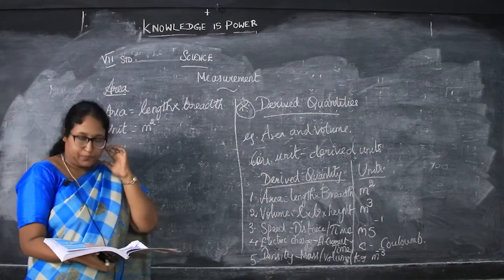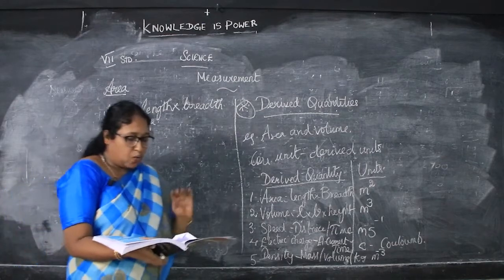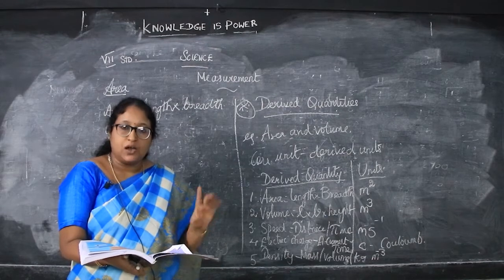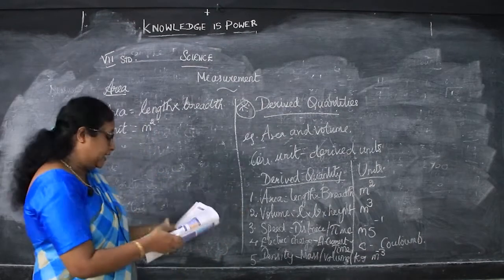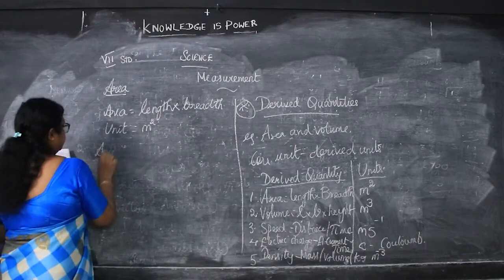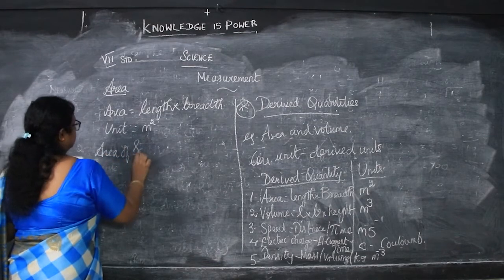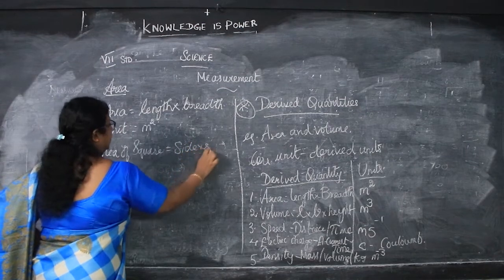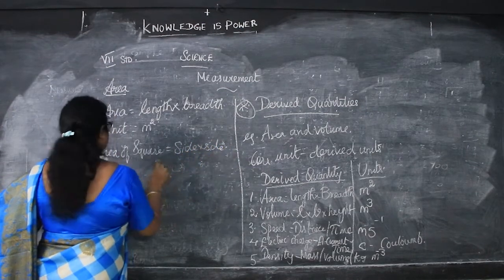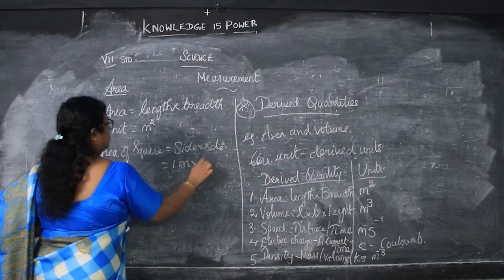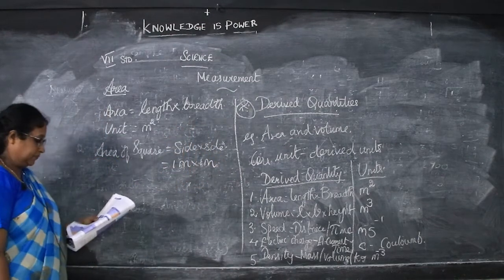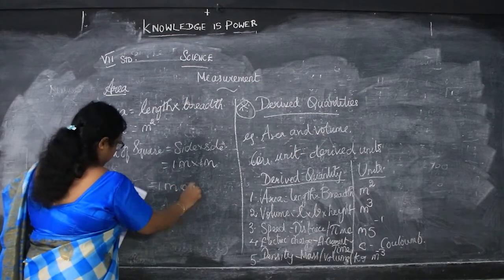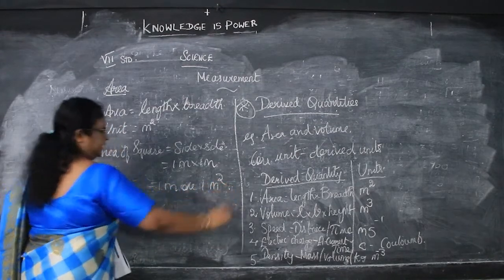Now they have given one problem for you. The question is, what is the area of 10 squares each having side 1 meter? The area of a square is side into side, that is 1 meter into 1 meter, which is 1 square meter.